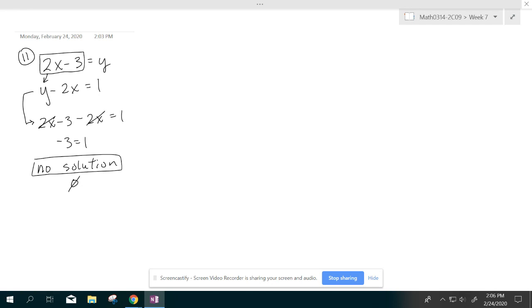So, can you tell me what does that mean about the graph? Well, actually, they're not vertical or horizontal because they both have x and y. Now, what does that tell me about the graph? Well, there are 2 lines.